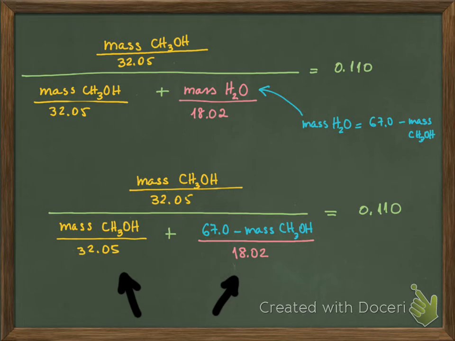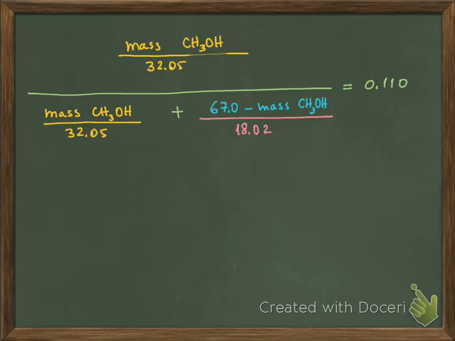We have to make sure that the two denominators are brought to the same common multiple. To be able to do that, I have to multiply the first fraction by 18.02, and I have to multiply the second fraction by 32.05.